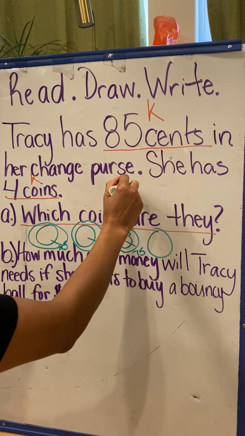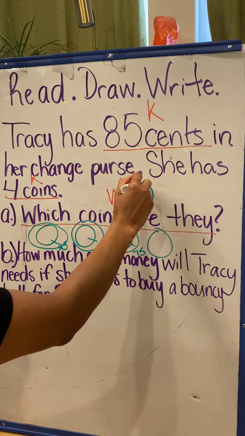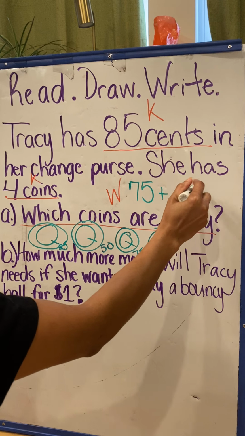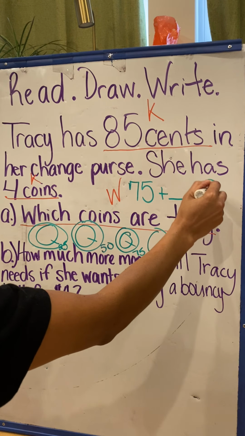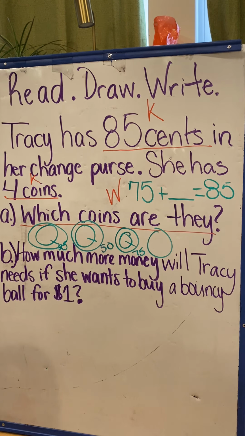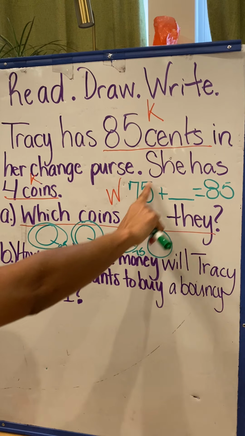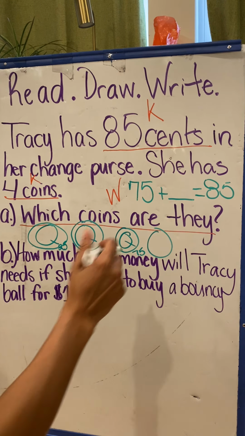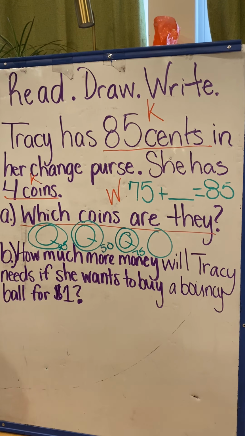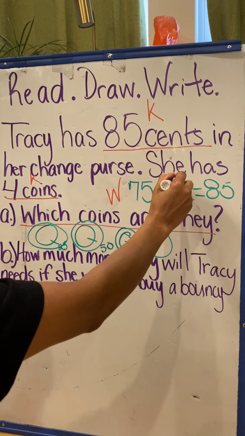So we could write a number sentence for that part. 75 plus blank equals 85. And we know the best way to solve a missing number problem is to count up or use the arrow way. So we can think about how much more it will take me to get from 75 to 85. 10 cents.